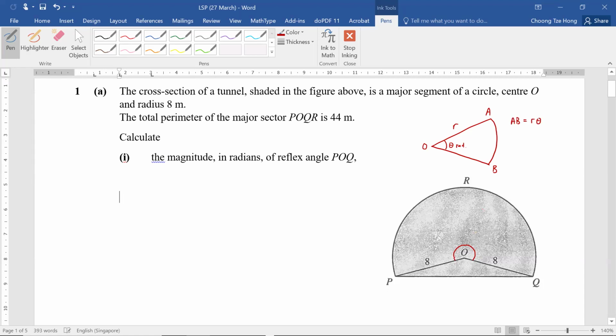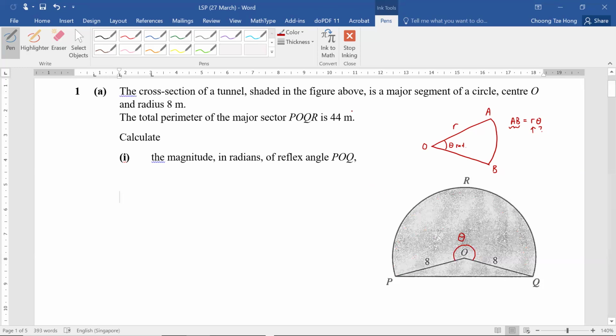If this angle is in radians, then the arc length AB will be R times theta. In this case, they want us to find the angle POQ, so this would be the theta. If I know the arc length, then I will be able to find the angle, because I already know the radius. So I need to know the arc length. Are we able to find it easily?